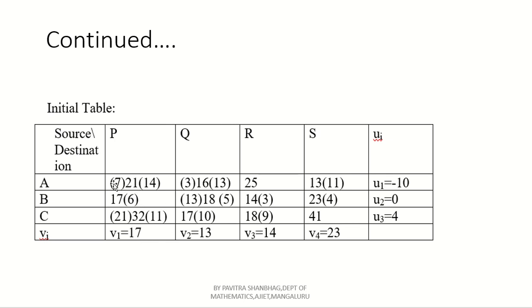So 21 minus 7, what remains? That you have to compute here. Similarly, what about this? 13 minus 10 means 3 remains. That you have to write to the left of this element, and the remaining is the net evaluation. So 16 minus 3 is 13. You have to write it on the right side.